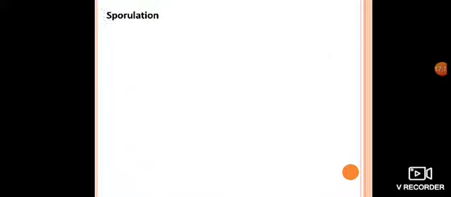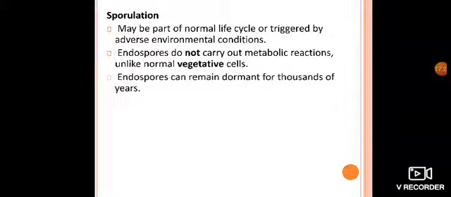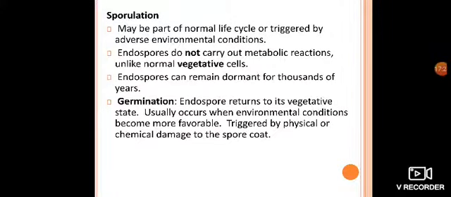Okay, the whole process of sporulation has some properties. Let's see those properties. It may be a part of the normal life cycle or triggered by adverse environmental conditions. Here sporulation is observed because of adverse environmental conditions. Then, endospores do not carry out metabolic reactions unlike normal vegetative cells.